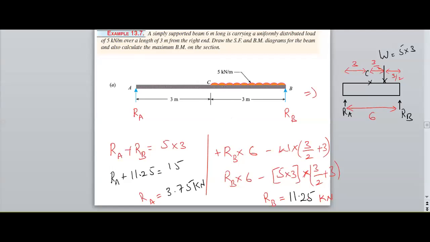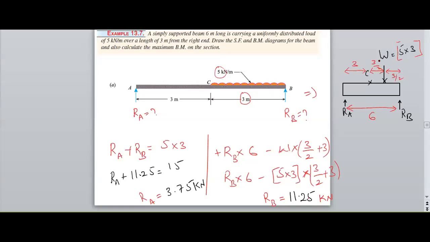So here two unknowns, RA and RB, need to be calculated. Therefore, I have converted the UDL into a point load whose magnitude is capital W, equal to 5 into 3, because 5 is the height of the UDL and 3 is the length of the UDL.